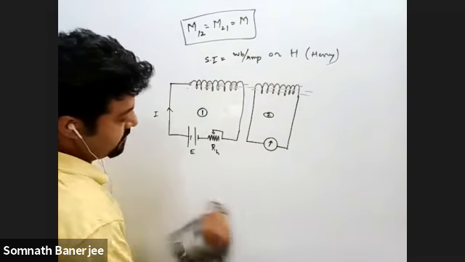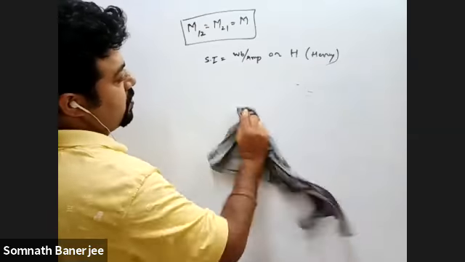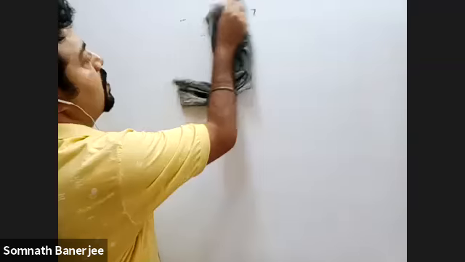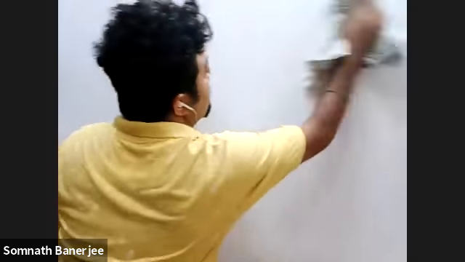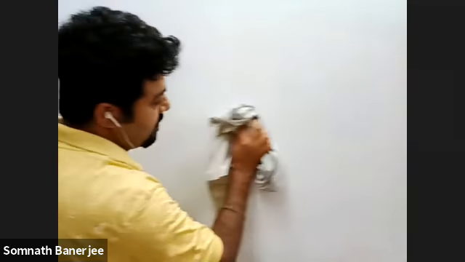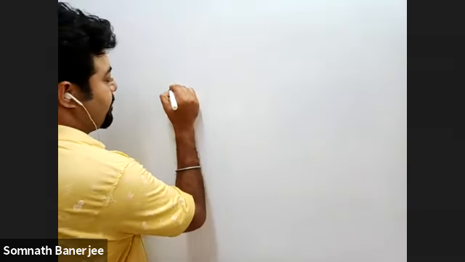So now the next part is, we have to find out the mutual induction between two coils of a solenoid.